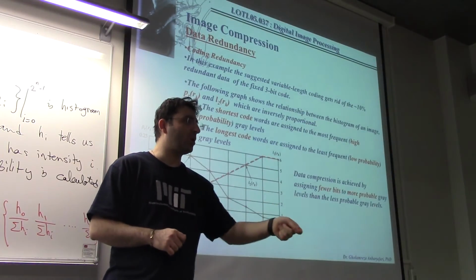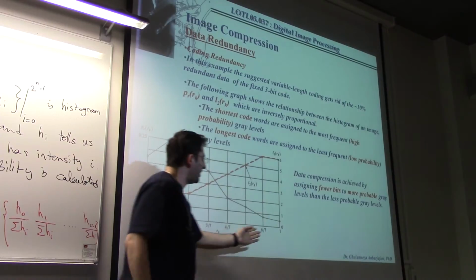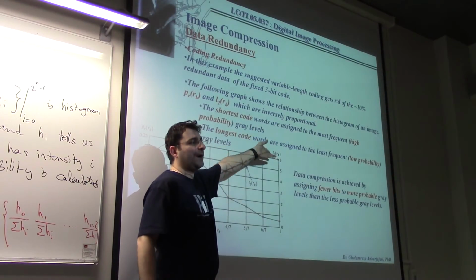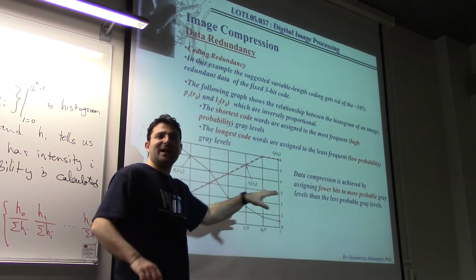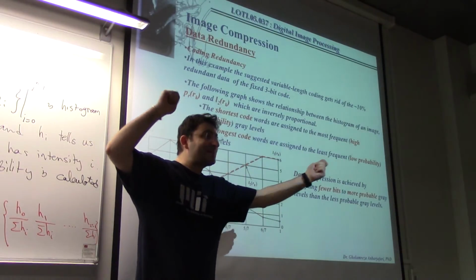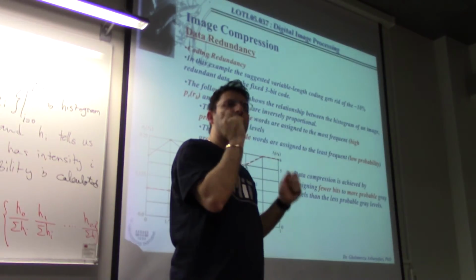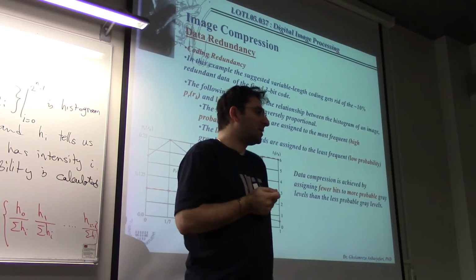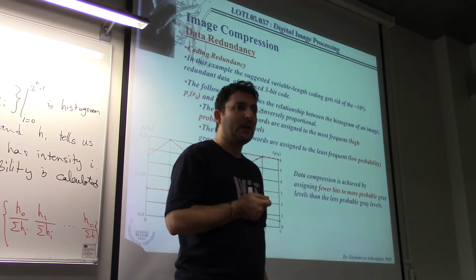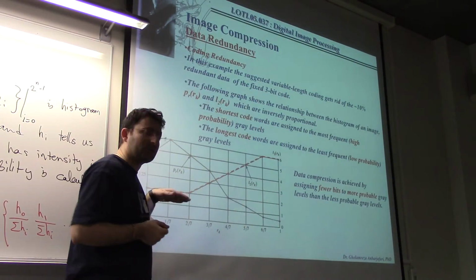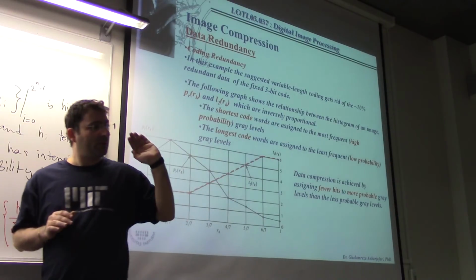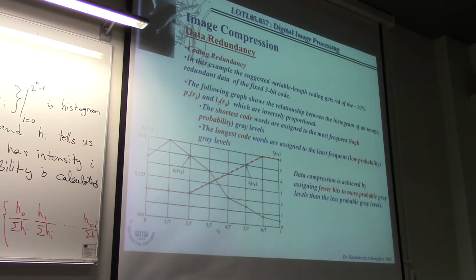And the ones which are less probable, I can give the higher number of bits because although it's 6 bits instead of 3 bits, it will happen only once or twice, so it doesn't really matter, right? So this is how the whole logic works. If your probability is high, the number of bits that you get should be lower.